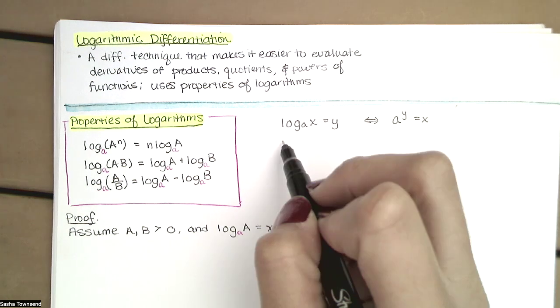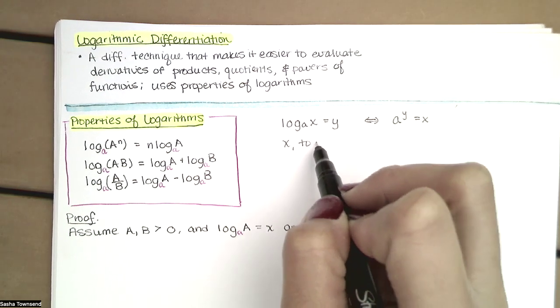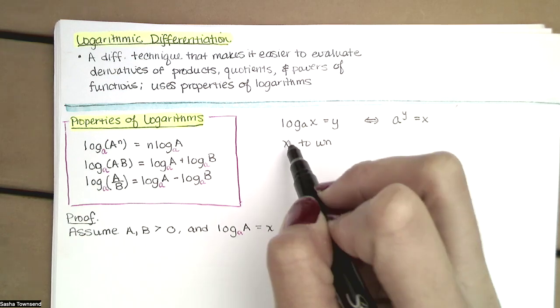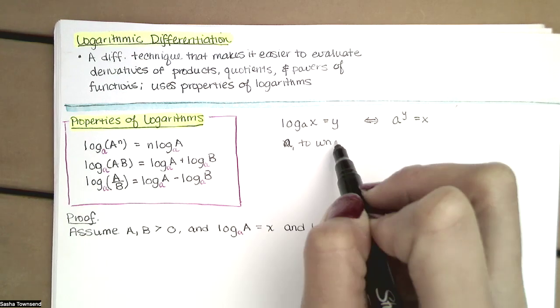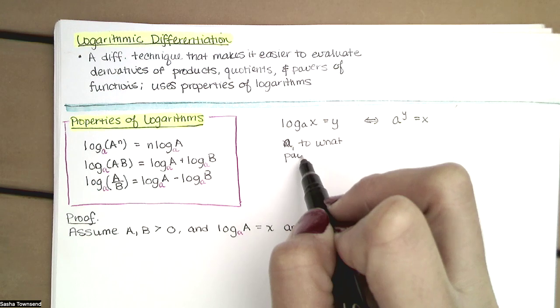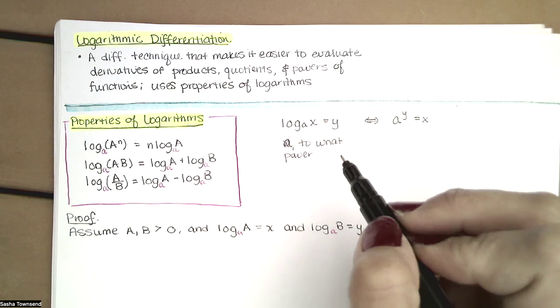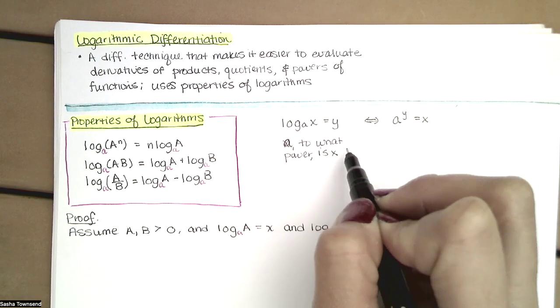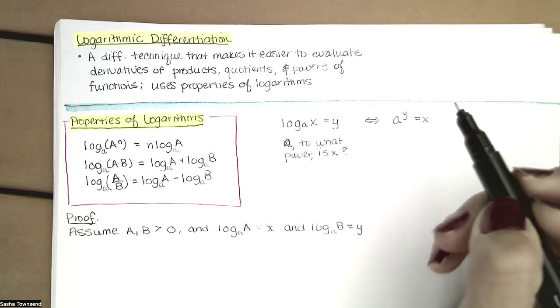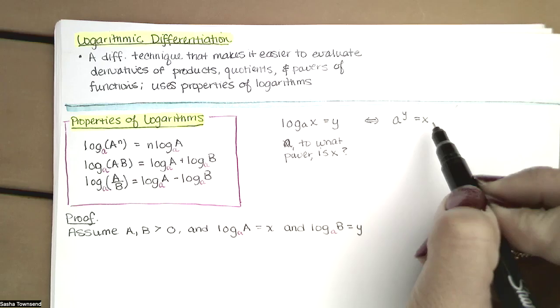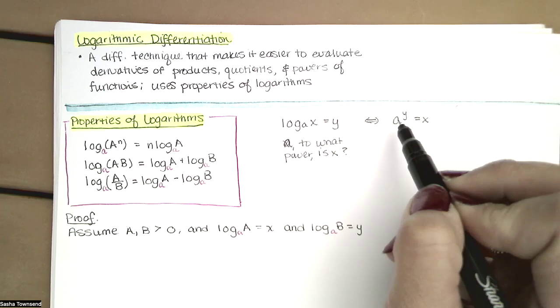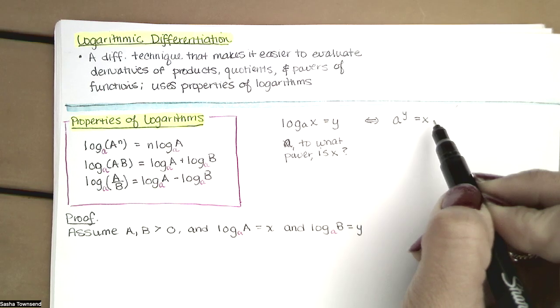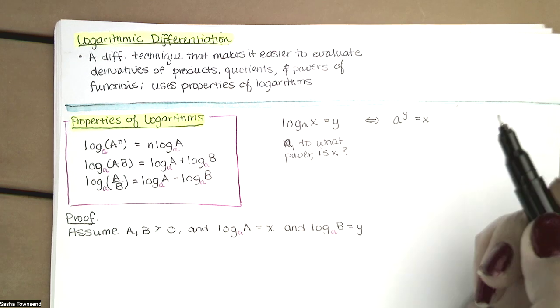They're saying, a to what power is X? So if I take a and I raise it to some power and I get X, what does that power have to be?